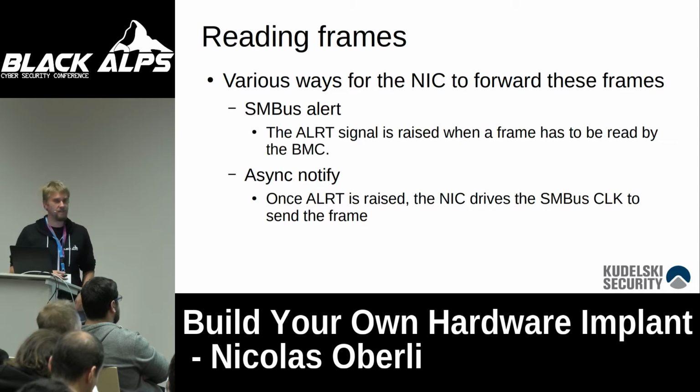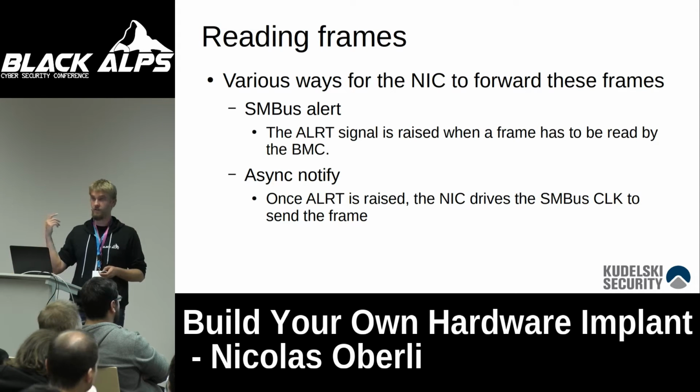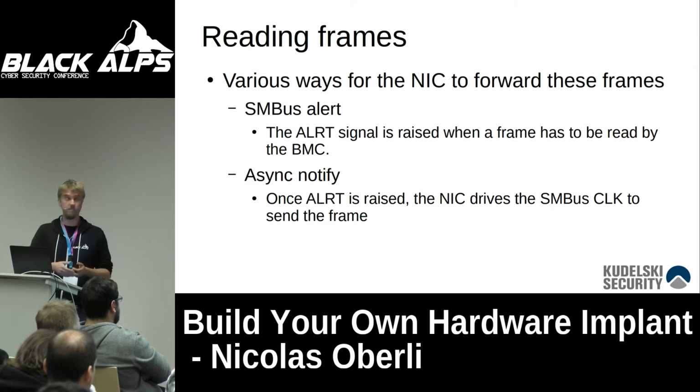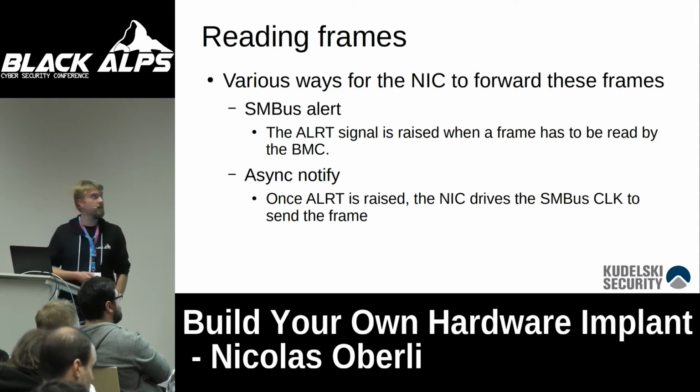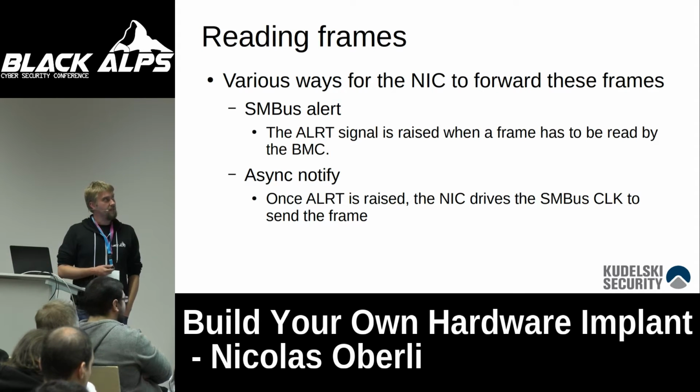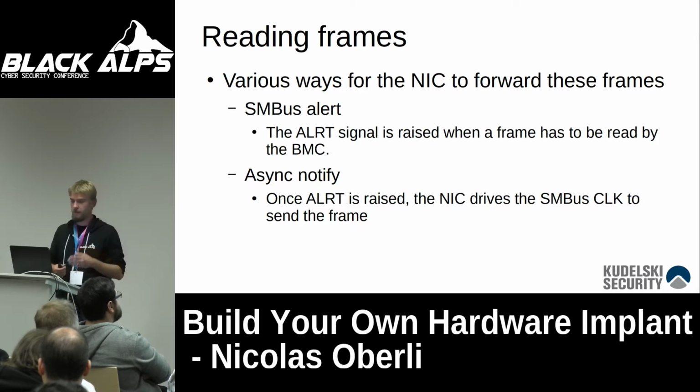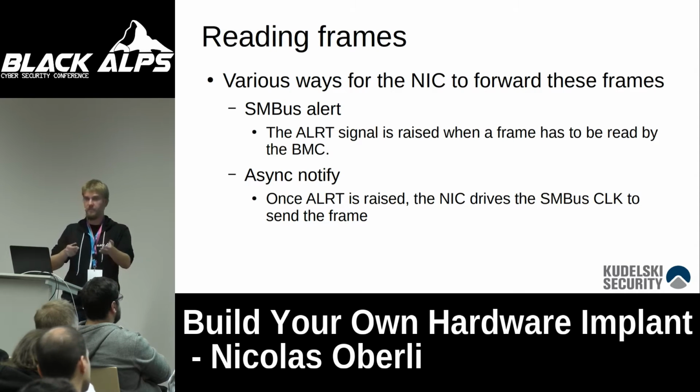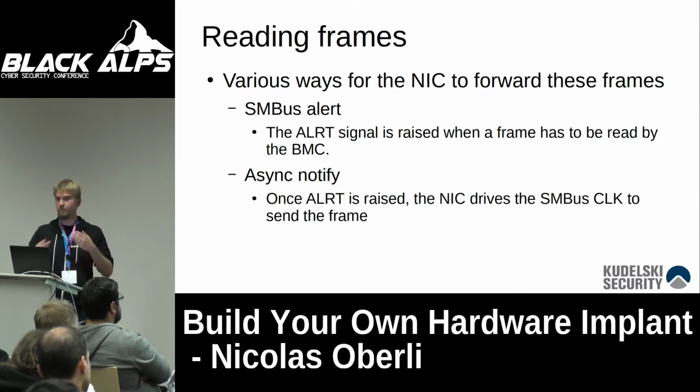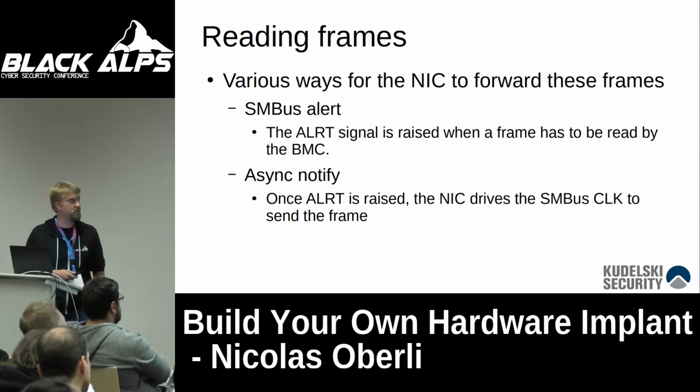Another way is that the card starts to send the packets by itself on the I2C bus. That's another possibility, and there are 2 other ones. To make things simple, I only use the SMBus alert, so I'm still driving everything on the bus, driving the clock, driving the data, so I can just ask the network card, okay, give me a packet if you have one, if you don't have one, just send me dummy values.